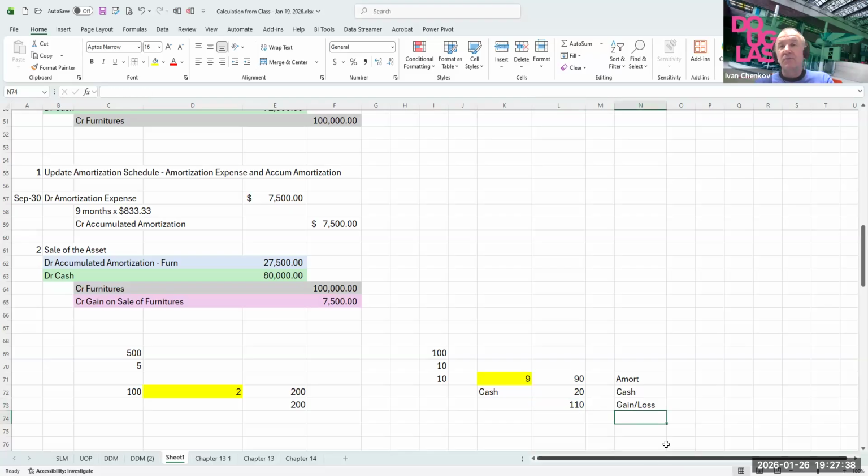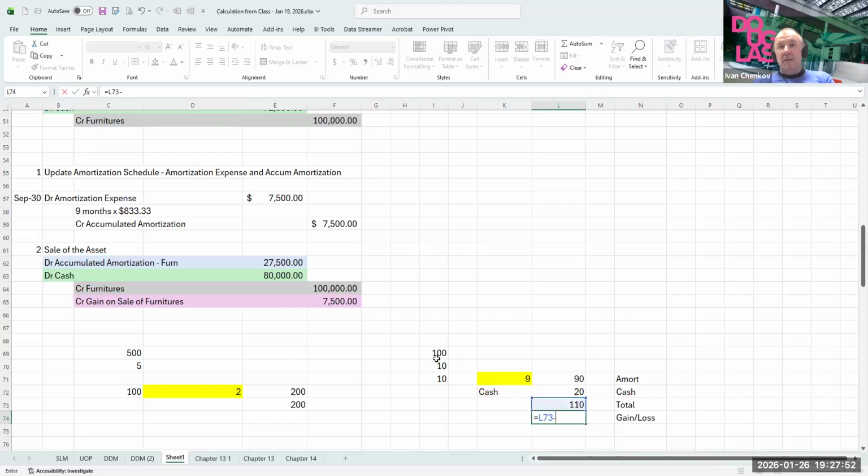Actually, the total will be here, and the gain and loss will be, let's put it here, gain slash loss, and that will be this one minus this one. As long as it's positive, it is a gain.